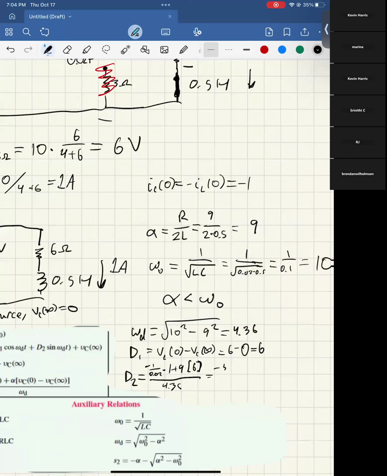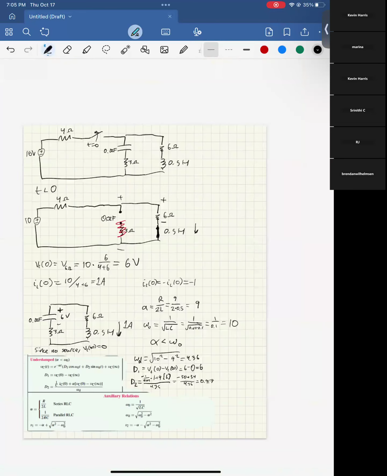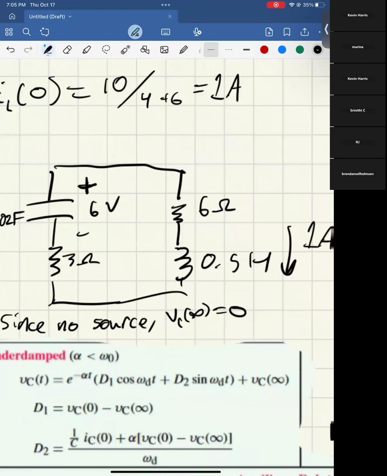Then we get -50 plus 36. No, that's 54, not 36. Over 4.36, which equals 0.917. And then for our final answer, we fill in all those variables.